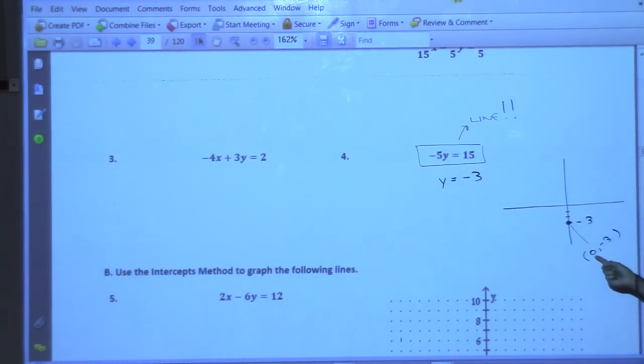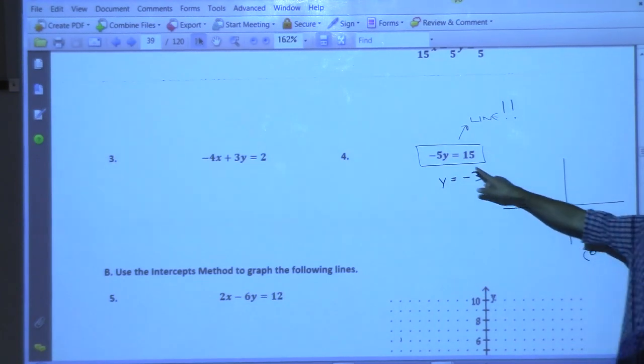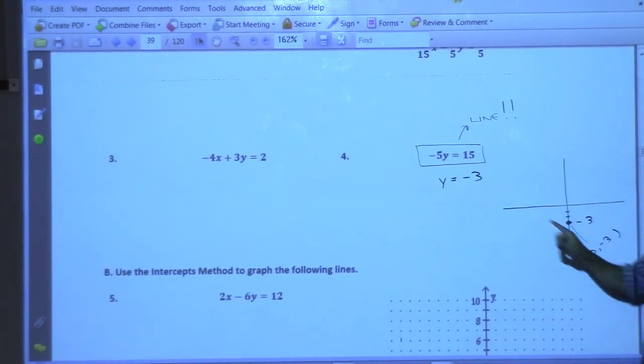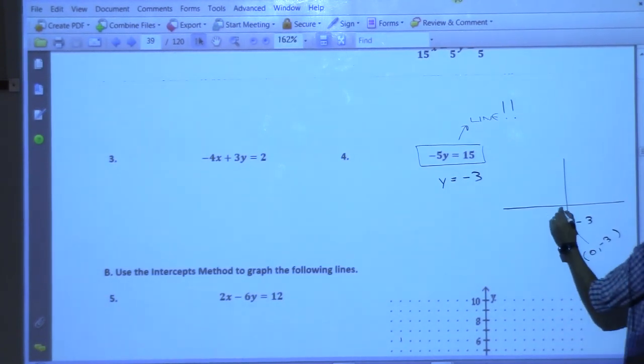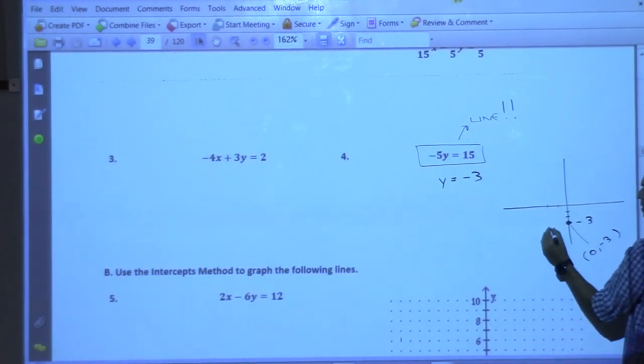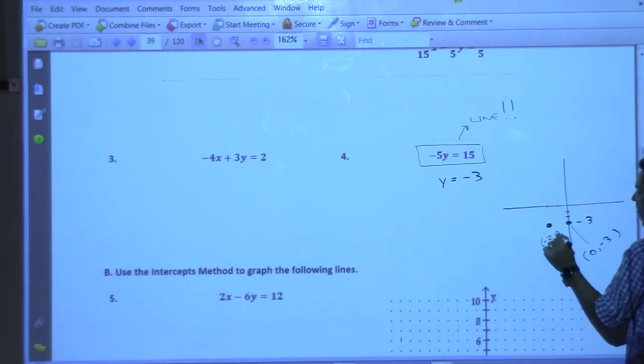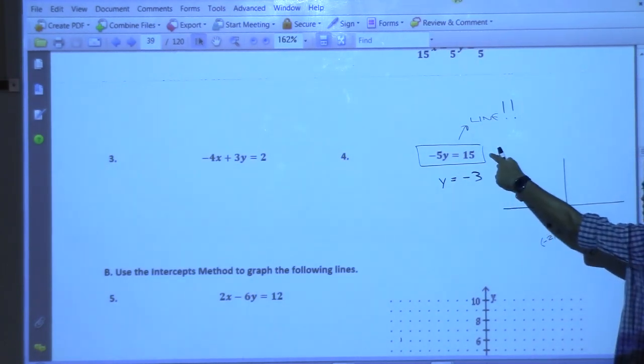If I replace x with 0 and y with -3, is this still true? Yes, because there is no x in here. So all I need is that y is -3. Doesn't matter what the x is. What if I went over 2 and down 3? How about that point right there? -2, -3. Would that point also satisfy that equation?